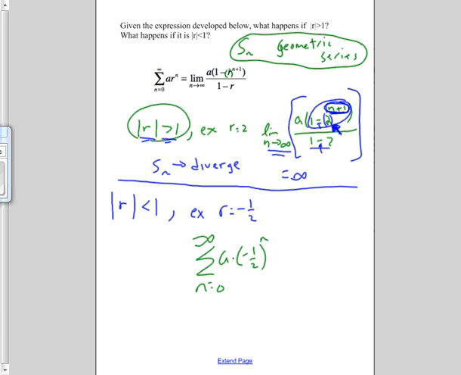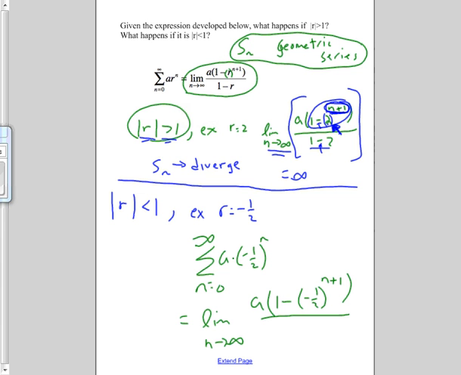If we plug that into this limit equation, that's going to equal the limit as n approaches infinity of a times 1 minus negative 1/2 to the n plus 1 all over 1 minus negative 1/2.